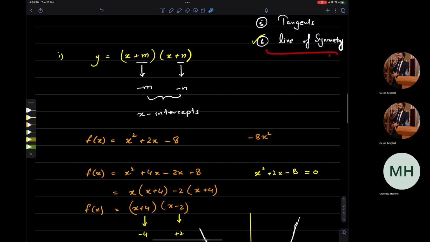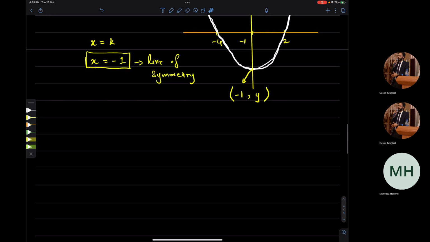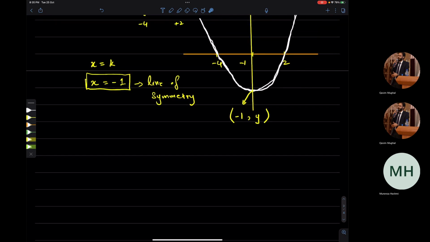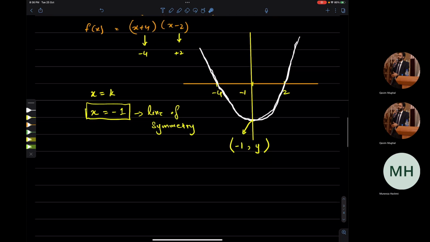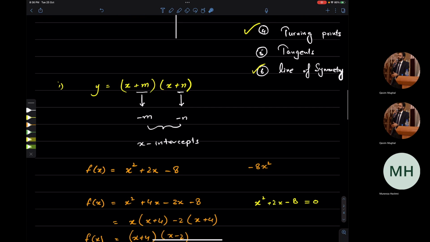For the line of symmetry, find the midpoint of the two x-intercepts and write it down as x equals that point. And the line of symmetry always passes through the turning point, so you can have the x coordinate of the turning point from there as well.